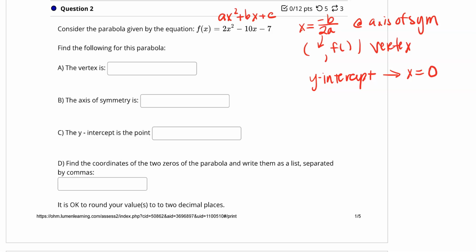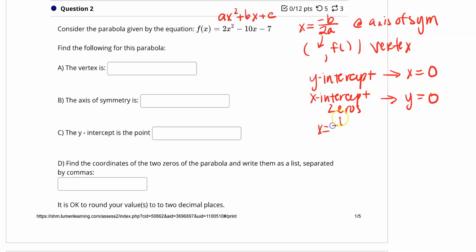And then to find the coordinates of the two zeros, these are going to be your x-intercepts. We call them the x-intercepts or zeros. And we're going to set y equal to 0 and solve. And it says it's okay to round your values to 2 decimal places. So we might have to use our quadratic equation with that.